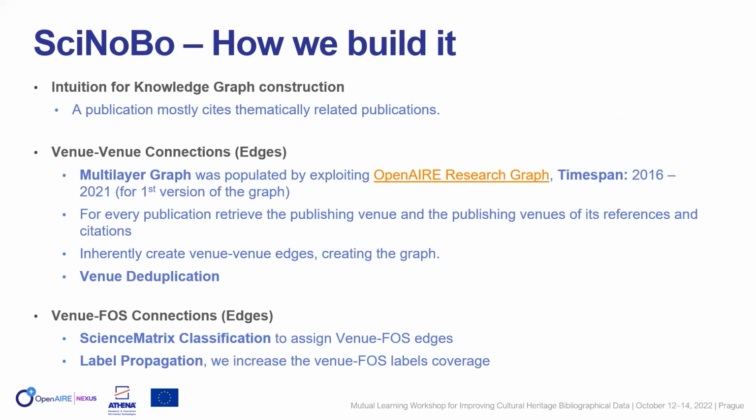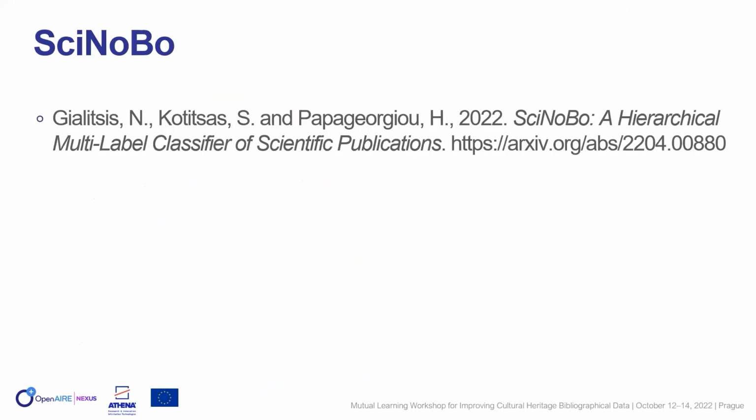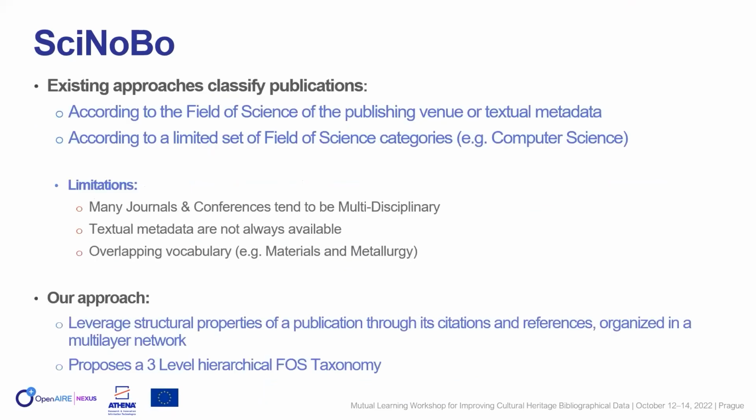Did we try using subject classification using text, and why did we choose against it? Many abstracts are missing, and if you search recent literature, you can find the third bullet, overlapping vocabulary.